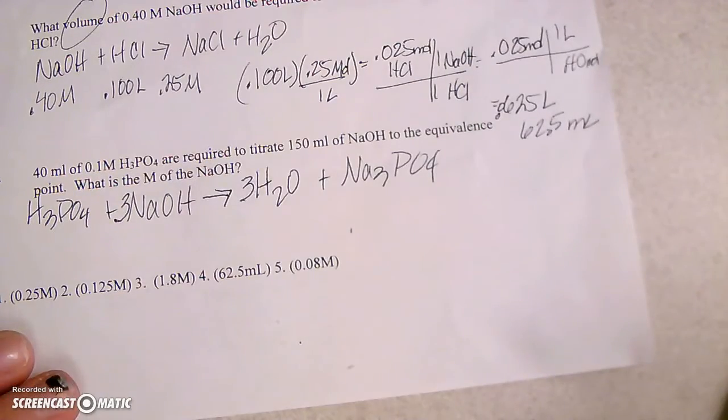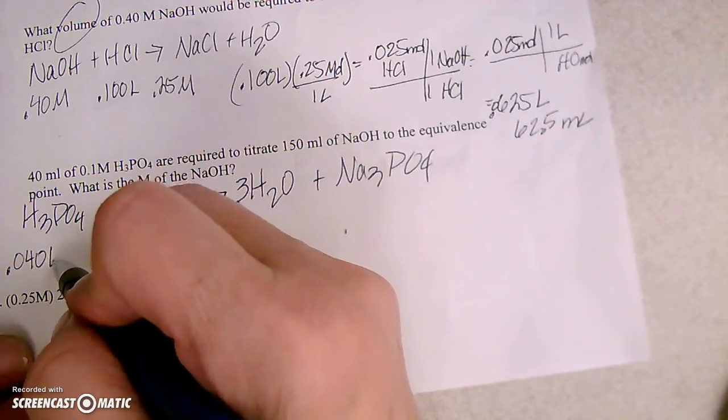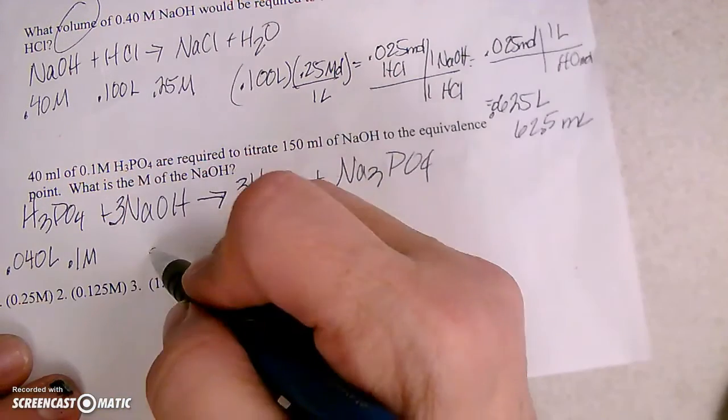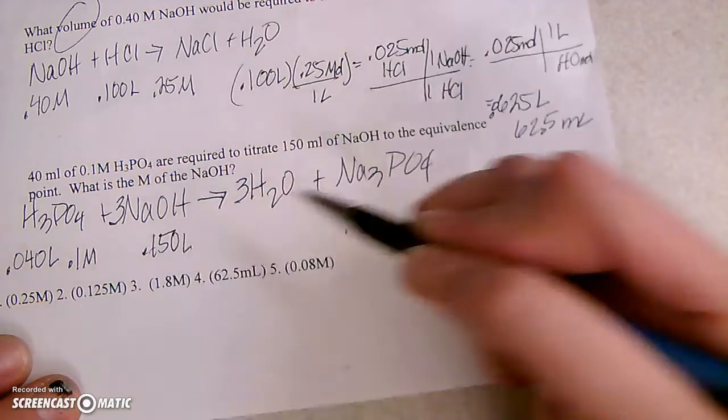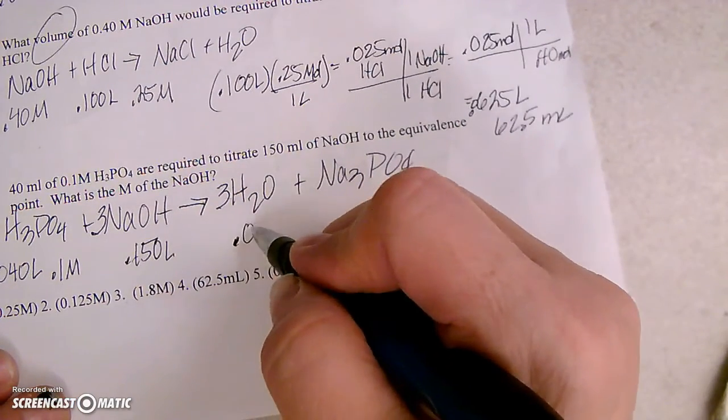So now that's balanced. We know we have 0.040 liters of a 0.1 molar phosphoric acid, and we have 0.150 liters of sodium hydroxide. Once again, start with what we know.